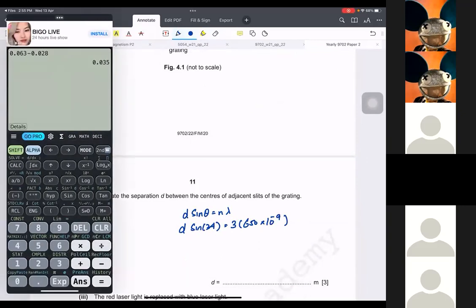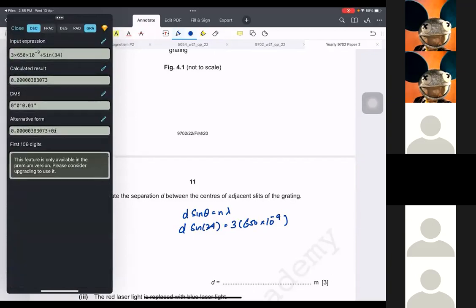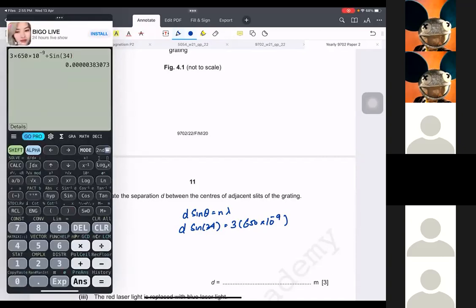All right. Now let's do this with the calculator. So 3 times 650 times 10 raised to power minus 9, and then we divide it by sine of 34. 3.8 times 10 raised to power minus 6 meters should be the answer.